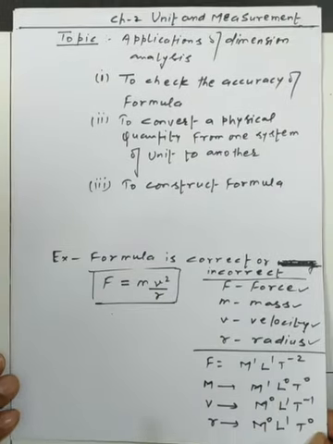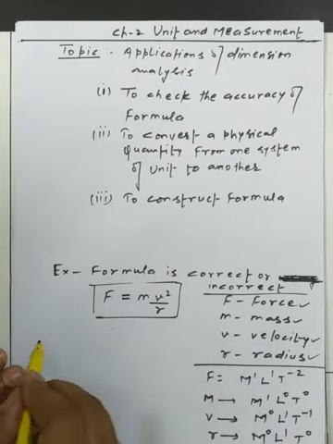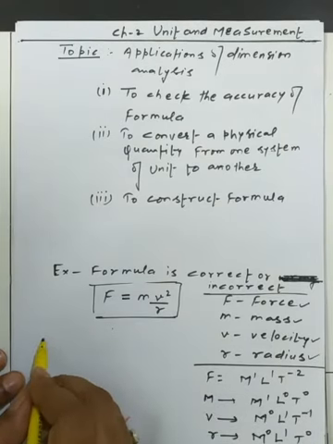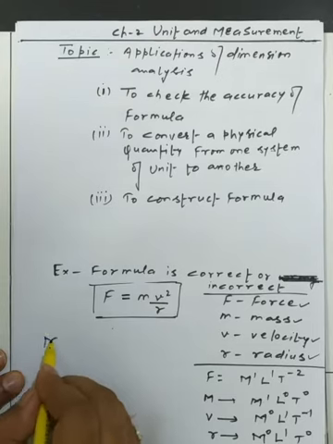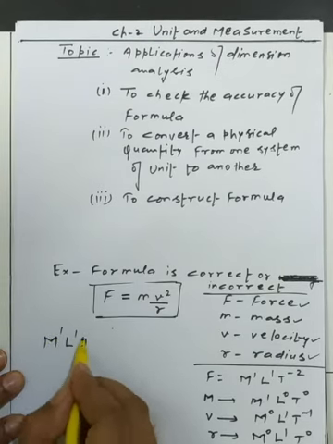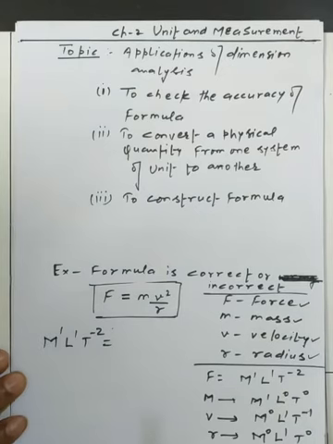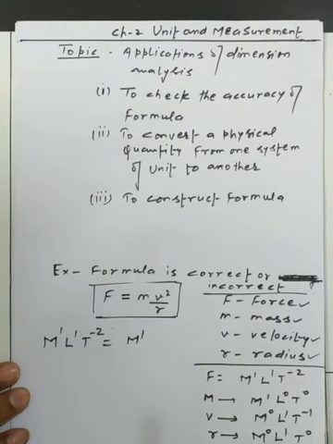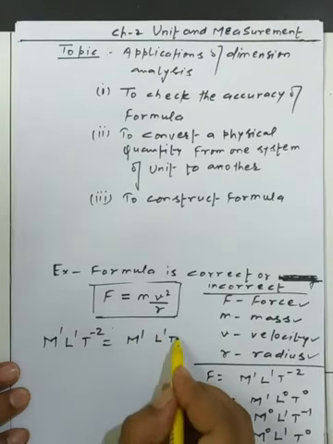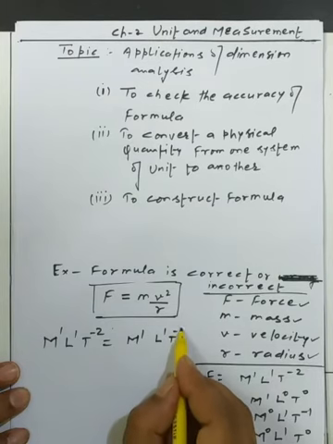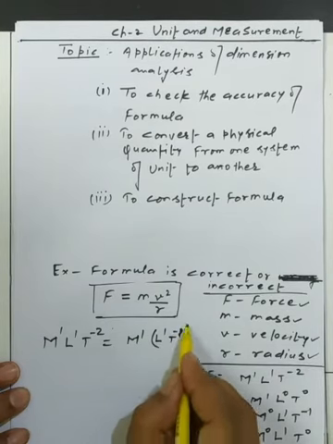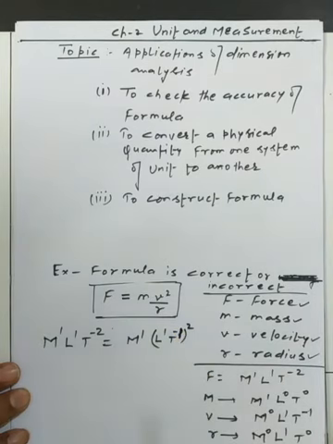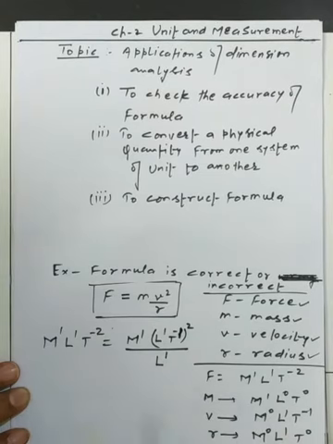So if we compare the dimensions on the left hand side and right hand side, force has the dimension M1 L1 T minus 2, which is equal to the dimension of m, so we write M1. Now velocity, that means L1 T minus 1 with the bracket raised to power 2, and in the denominator we have L1.